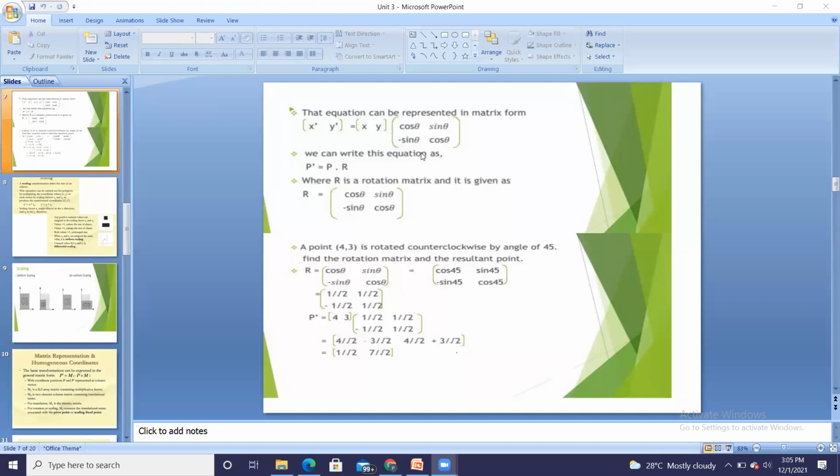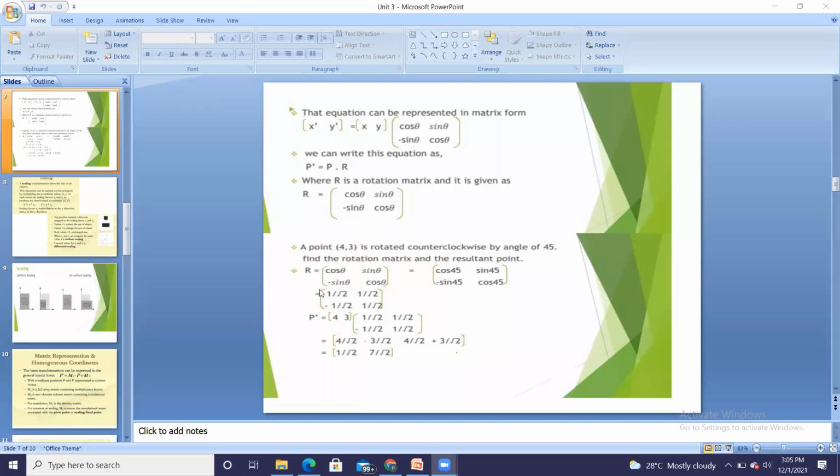Okay. So what is R? R is cos theta minus sin theta, sin theta cos theta, the same T matrix. Then replace theta by 45. So cos 45, sin 45 and all. So it becomes 1 by root 2, positive, positive, positive and negative over here.